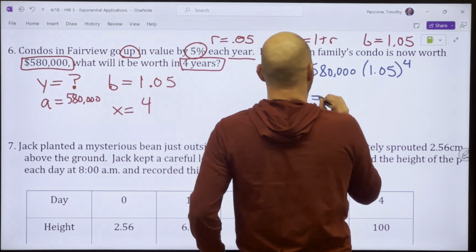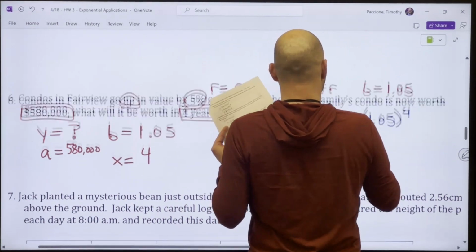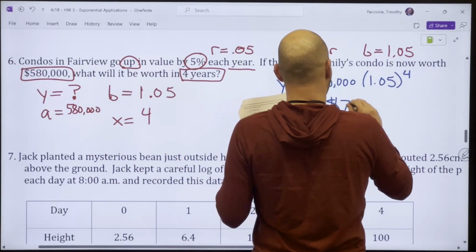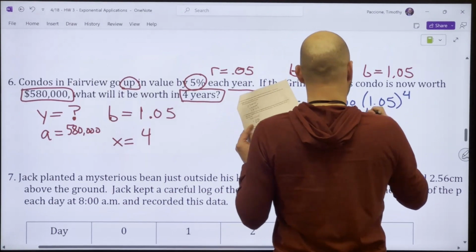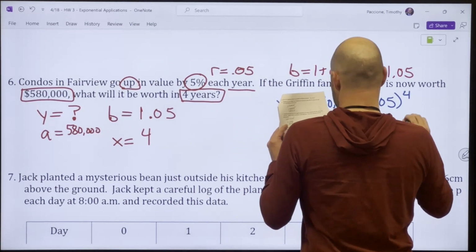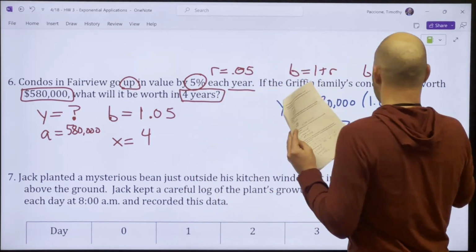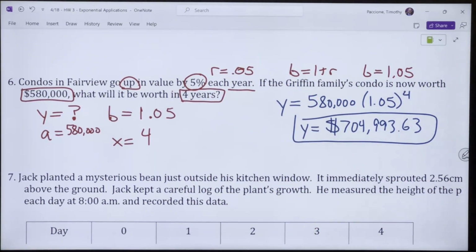Plug that in, and I get 704,993 and 63 cents. There you go. That's how much it'll be worth. Okay? Not bad. They're doing okay in the Griffin family.